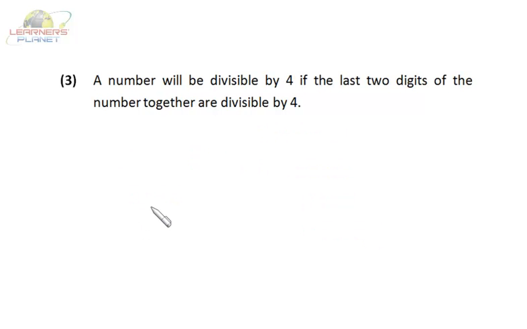Now let's discuss the divisibility rule of 4. A number will be divisible by 4 if the last two digits of the number together are divisible by 4. That means we just have to check the last two digits of the number. It doesn't matter what the size of the number is. Okay, suppose I have an example 2, 3, 4.